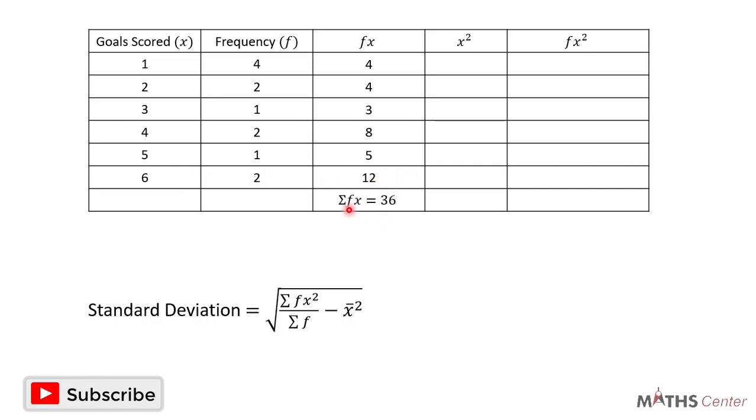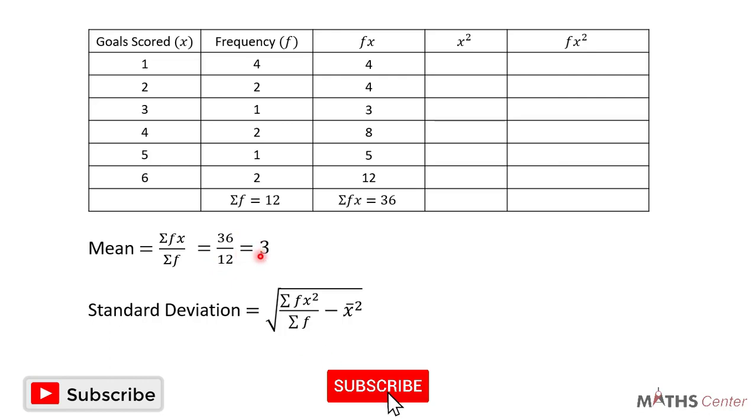To get the mean, we need sigma fx, so we add all the values here, and that will give us 36, and sigma f, so we add all the values here, and that gives us 12. So the mean, which is given by the formula sigma fx divided by sigma f, is equal to 36 divided by 12. 36 divided by 12 is 3. So we now have the mean.